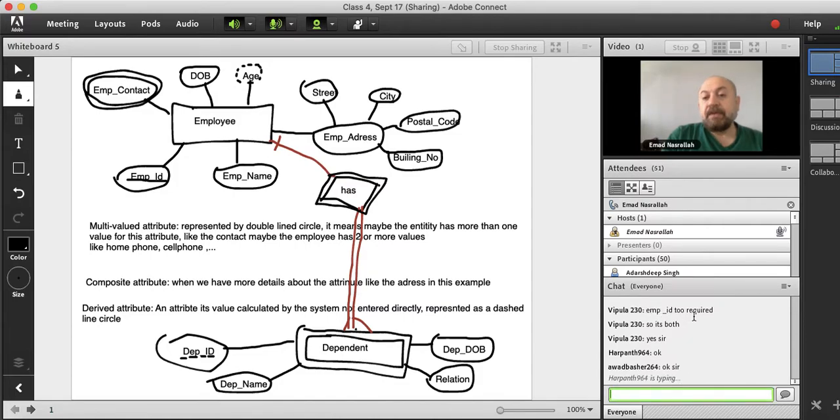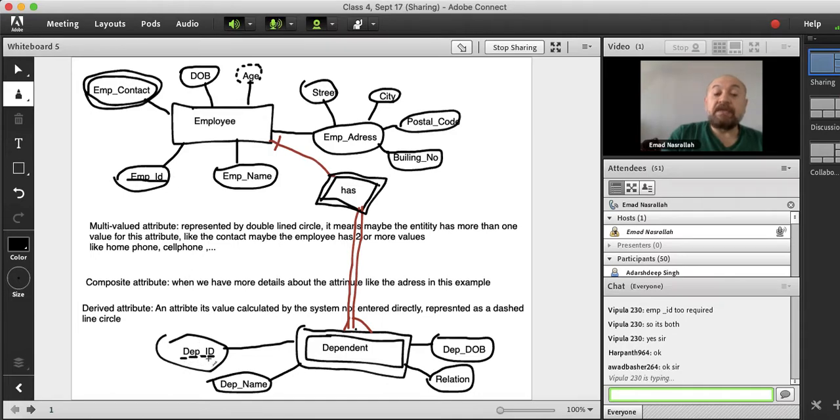Emp ID required, yes. Whenever we are dealing with the dependent, we have to let the employee be involved. Like, we want to issue an insurance card for the dependent. We have to know this dependent is related to which employee.